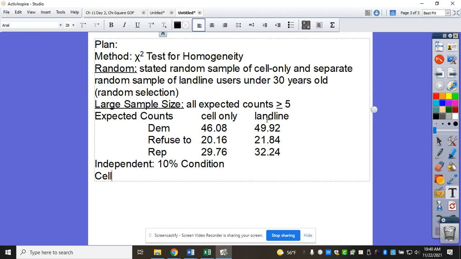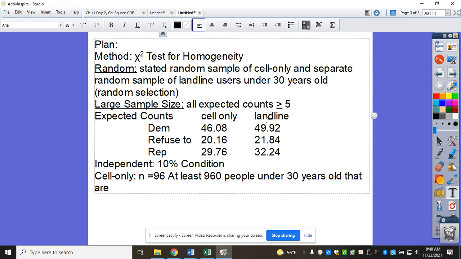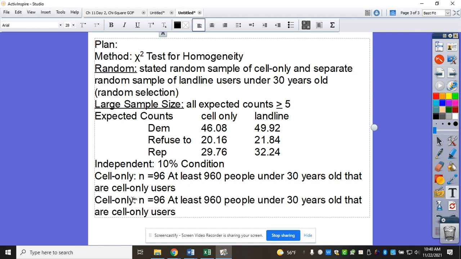So like, there are 96. I'm shorthanding here a little bit. Which means there have to be at least 960. I would expect you to show a little bit more work than that, but as far as just going through the answer key, enough right now. And then landline users, there were 104.